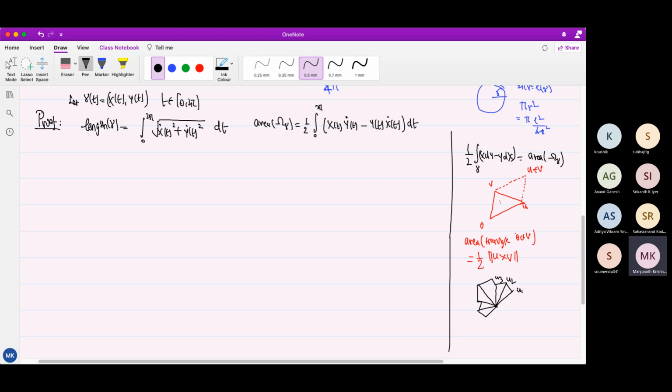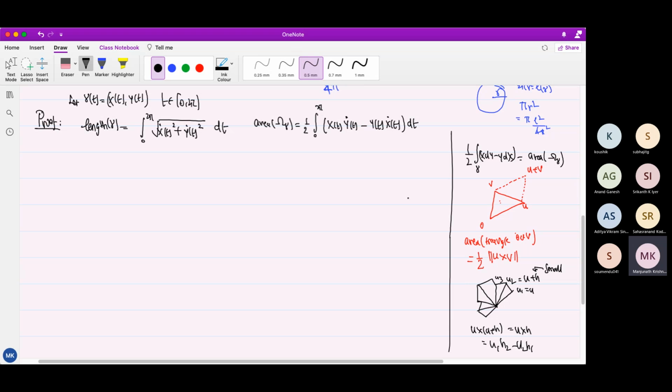The point is, let's say u1 is u and u2 is u plus h, where h is supposed to be small. If you want to approximate, then u cross (u plus h) is the same as u cross h, which is u1 h2 minus u2 h1 by definition.